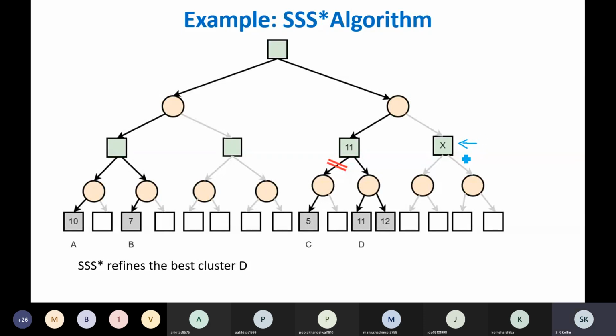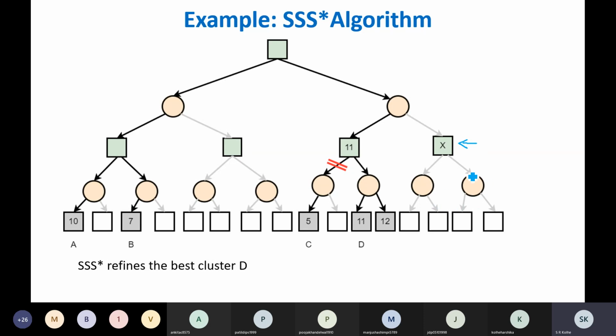Now what SSS star will do, SSS star will make a recursive call with an upper bound of 11. If it gets less than 11, it will take, otherwise it will not take. So that recursive call will generate again two clusters D1 and D2.